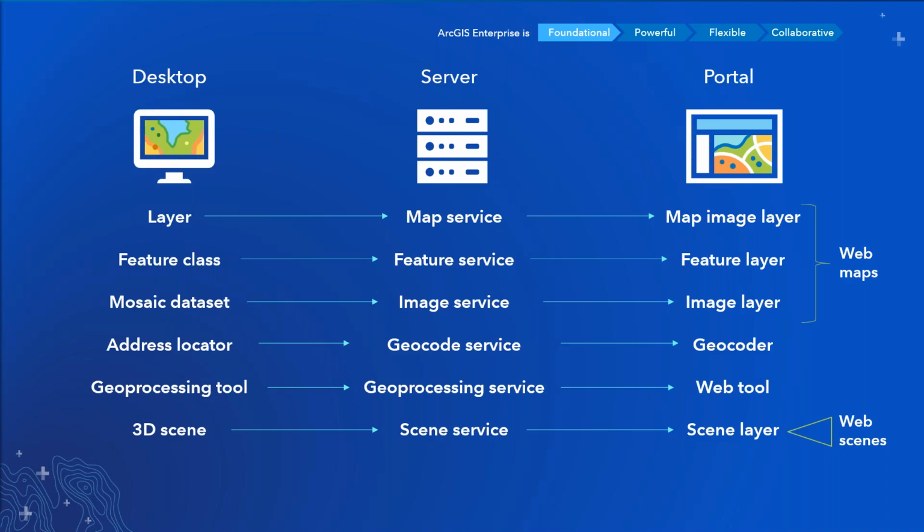So a layer in your desktop might be a map service on your server, and in your portal, it might be a map image layer that gets brought into a web map. Same thing with an address locator. Address locator on the desktop is a geocoding service on the server, and is a geocoder item within your portal, right? A geoprocessing tool that's built on the desktop is created in the geoprocessing service and becomes a web tool.